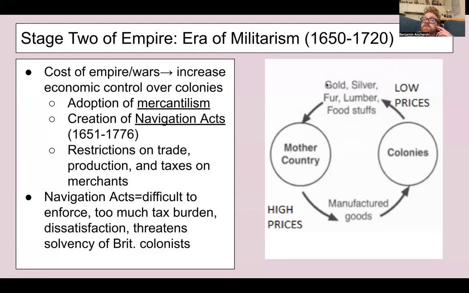The colonies produce valuable commodities, valuable raw materials. The problem is that compared to manufactured goods, these are of lower price. So a big effect of mercantilism and the Navigation Acts specifically is going to be the development of a lot of debt burden on the colonies to England itself.